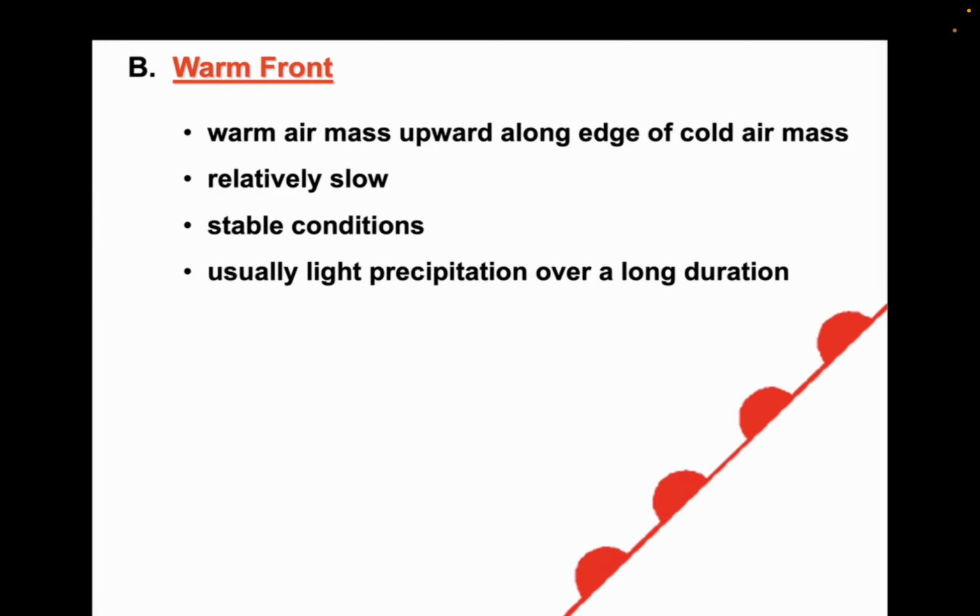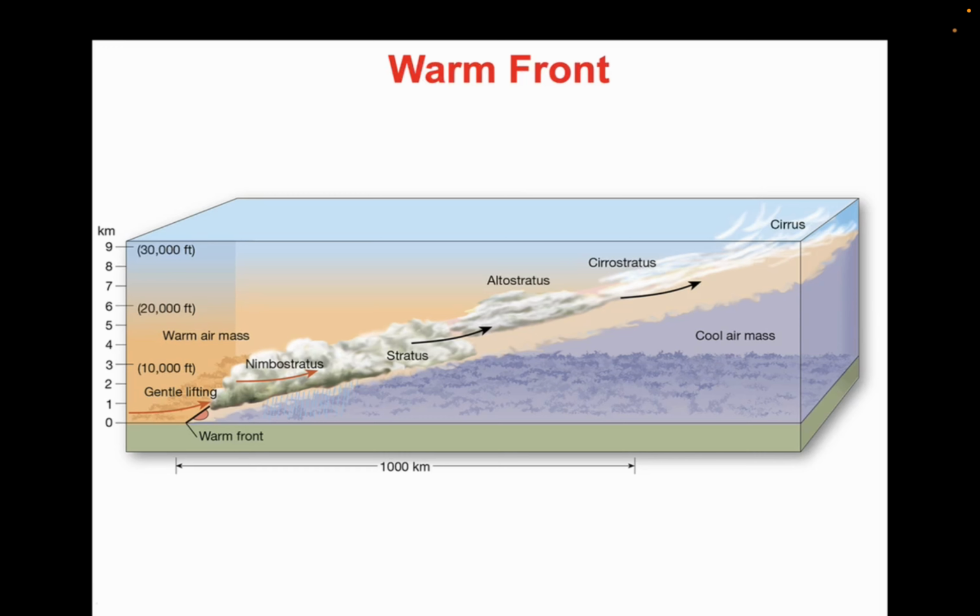And the opposite is true in warm fronts. So what we have is warm air mass gradually moving over a cold air mass. Remember, for the cold front, it is the cold air mass replacing and pushing away the warmer, moisture-rich air mass, while for warm fronts, what we have is the gradual transport of relatively warm air mass over the cold air mass beneath.